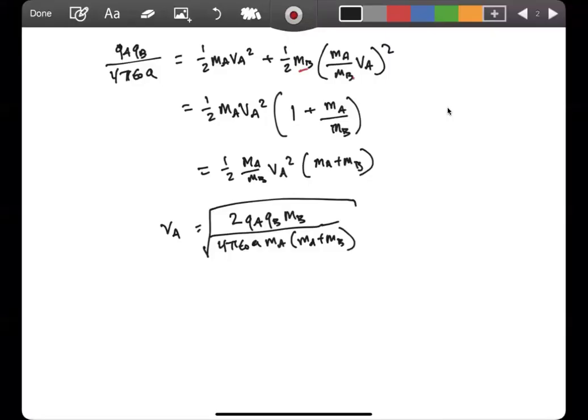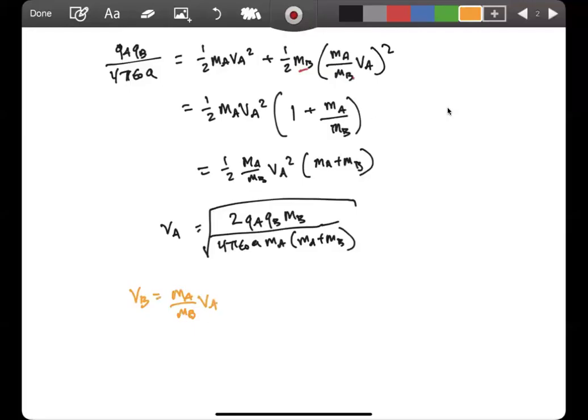Now, once we know this, we can find VB. VB we know is simply equal to MA over MB times VA. So basically, all I'm going to do is take this VA and pull in the two masses, which means those are going to be squared.